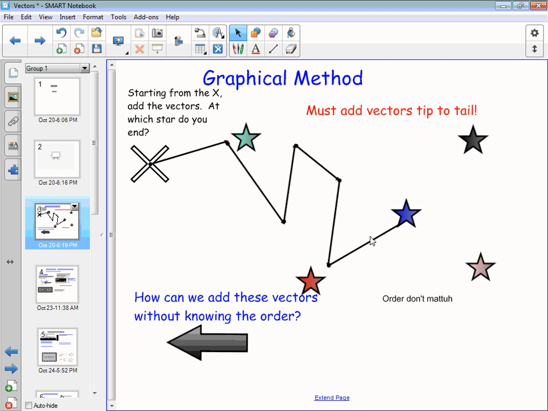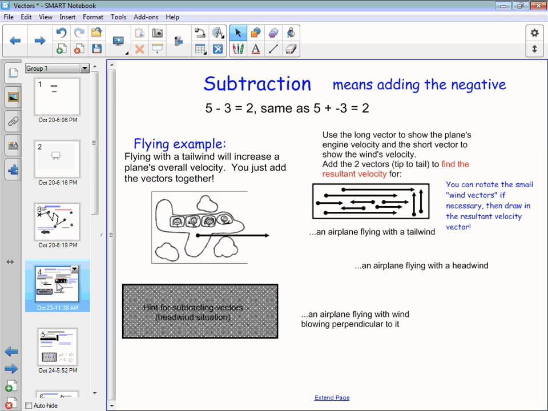The order in which we add the vectors does not matter. Right. Okay.